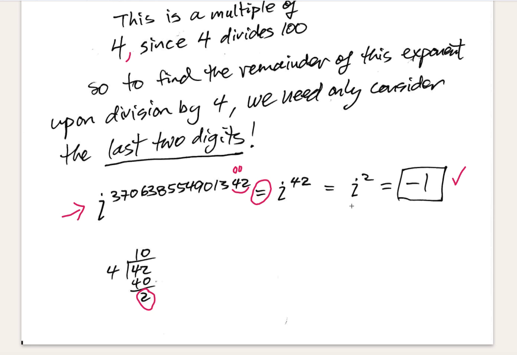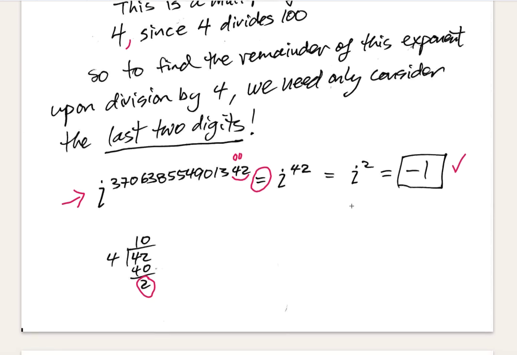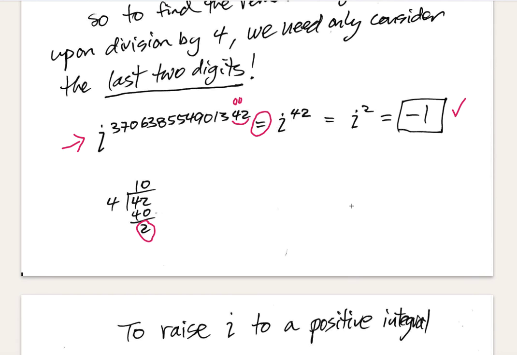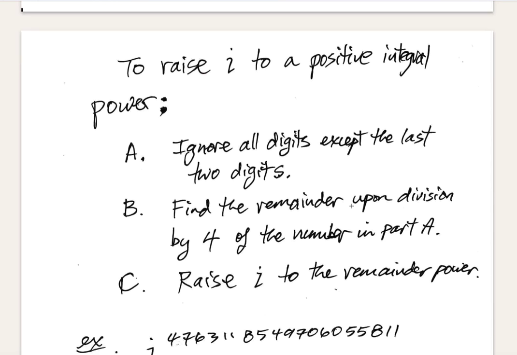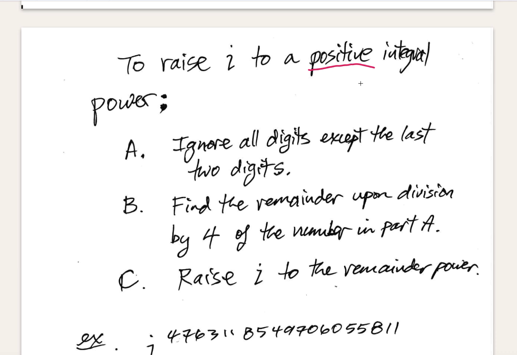Alrighty, so that makes it much, much easier when you're finding powers of i. So here's the rule. To raise i to a positive integral power, again, this actually works for negative ones, but students screw up the calculation with negative integral powers. So in the next video, I'm going to show you how to do it a little more simply with the negative integral powers.